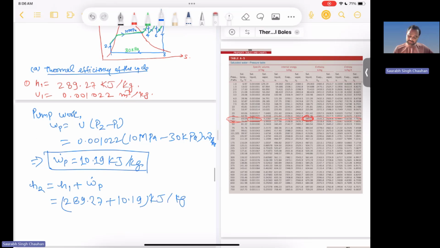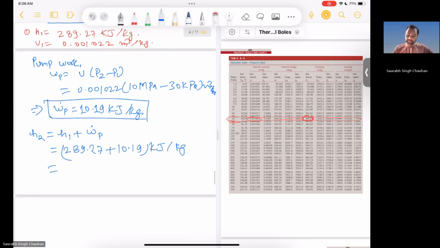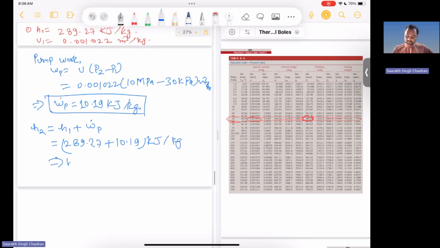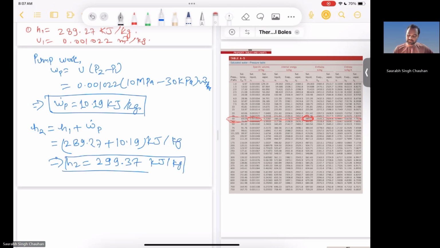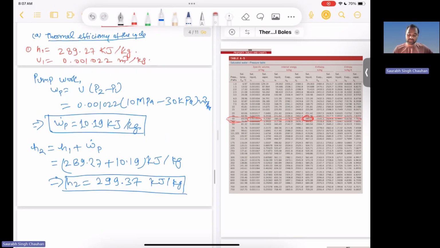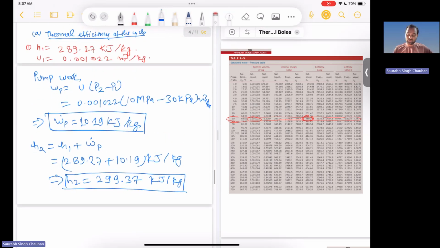So now we have the enthalpy at point 2, H2. H2 is coming out to be 299.37 kilojoule per kg. Okay. So now we have values at point 1 and at point 2, right?